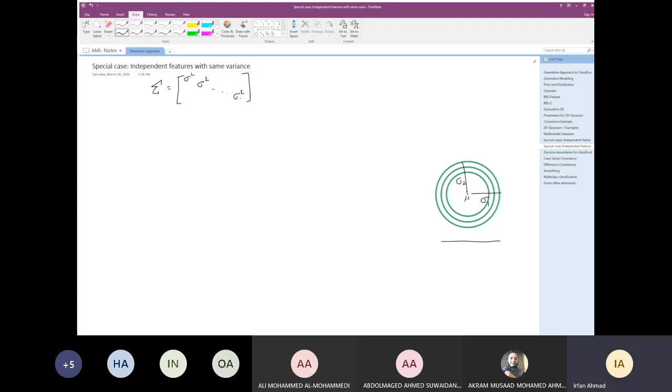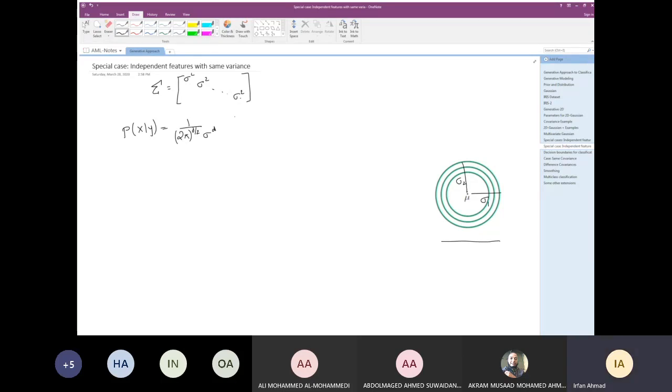And then what happens to your PDF in this case? So P of X given Y is nothing but, you get 1 over 2 pi again to the power d by 2, and sigma 1 times sigma 2 times sigma d. Now everything is the same, so you get sigma to the power of d, right?